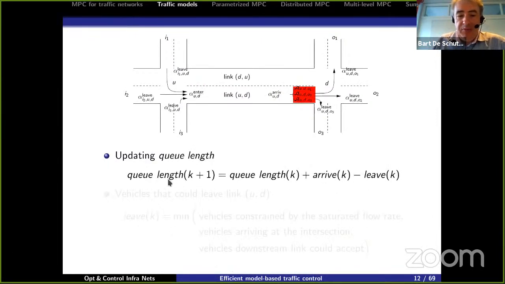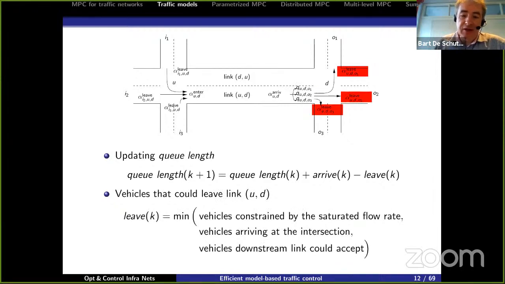Then again, we can update the queue lengths. So the new queue length is the old queue length plus the number of vehicles that arrive in the queue minus the number of vehicles that leave. And to determine how many vehicles leave the link, we have 3 factors. First of all, we have to take into account how many vehicles can be processed by the intersection. Every intersection, due to its layout, its geometry, has a maximum number of vehicles that it can process.